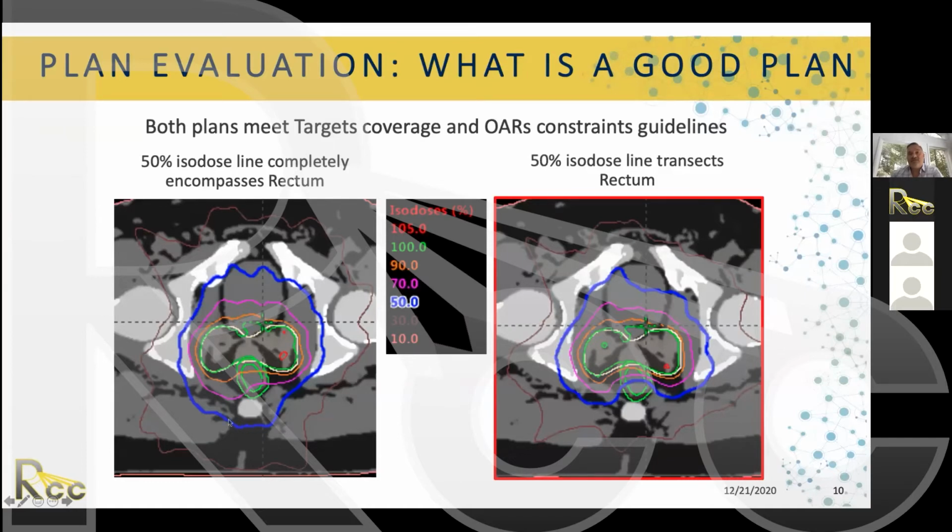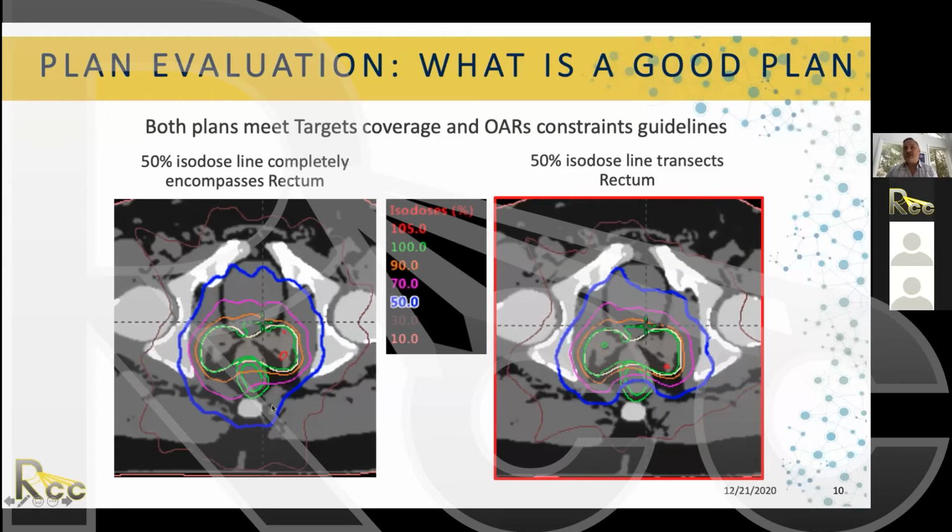See, the rectum is completely covered by that 50%, and even the 70% is encompassing the whole of the rectum. So we tweaked a little more, and look, the 100% still looks very good, not much different. We meet the constraint, but the isodoses around the rectum look better. So you're sparing the rectum a little more.